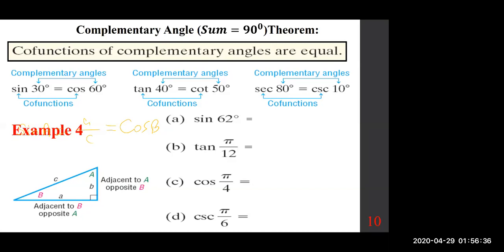All you have to do is think of the answer for each and every one of them. What's the answer for A, B, C, D? And we'll go over it in a moment. We are looking at complementary angles, class, okay?